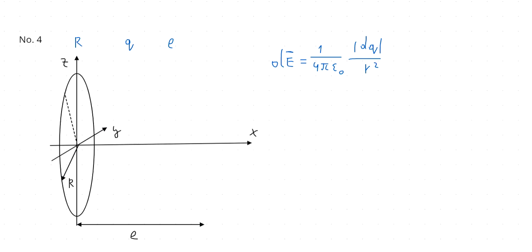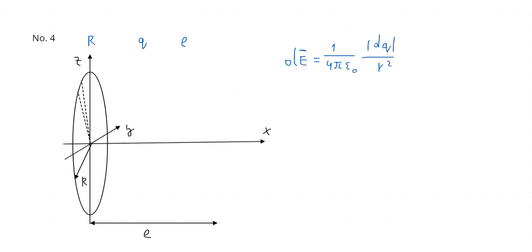So I will define an infinitely small part of this ring, and charge of it will be dq, and the distance from dq to a definite point on axis x.